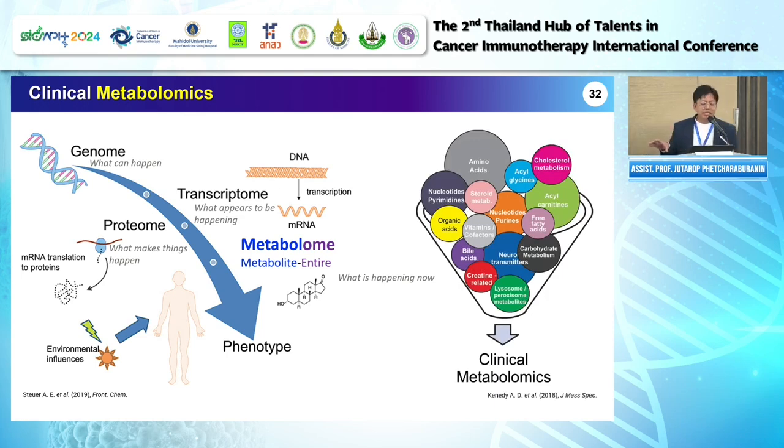The metabolites in clinical metabolomics include amino acids, nucleotides, steroids, free fatty acids, neurotransmitters, bile acids, creatine-related metabolites, or some lysosome and peroxisome metabolites, and any other di- or tripeptides that have a molecular weight of less than 1,500 Daltons.